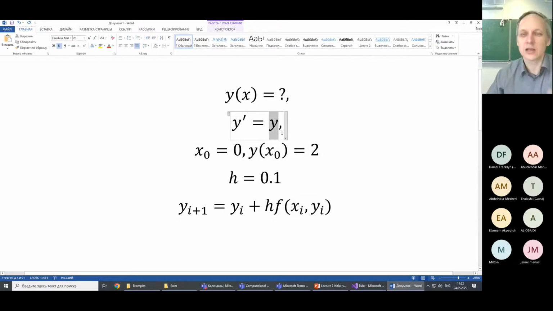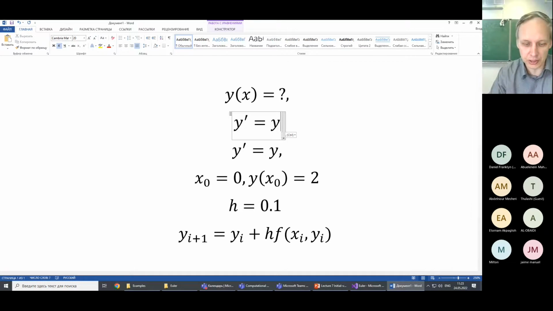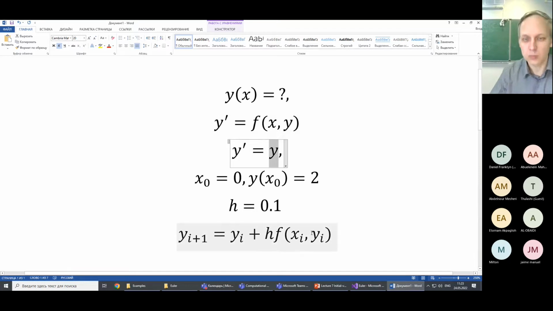It's y. It's the right-hand side of the equation, because the general form of the equation is y prime equals f of x and y. In our case, the right-hand side is y. Please compute y1. What is the value of y1?